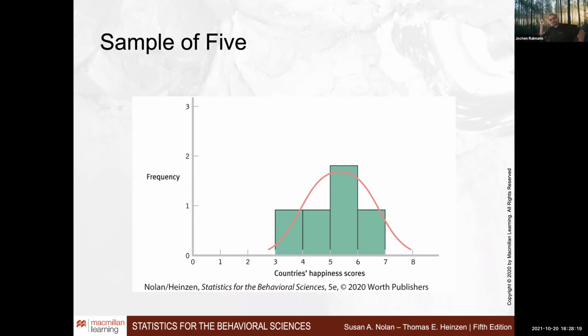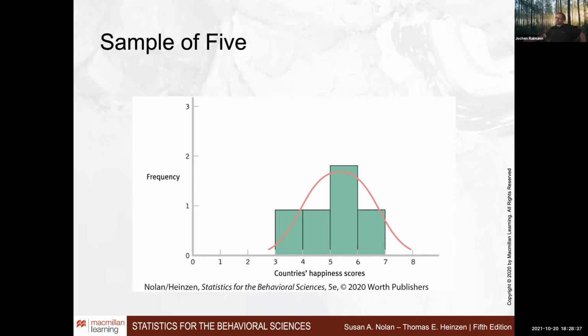The bubble graph showed the socioeconomic impact within the country and the happiness score as a function of GDP, I believe. And this happiness score data is again shown here by Nolan and Heinzen.